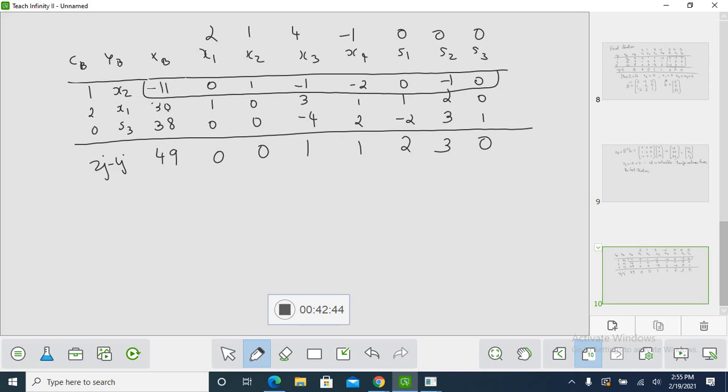Now once I got my key row, I have to find out the key column. How do I find out? My theta is going to be the maximum of Zj minus Cj divided by a negative number. So look, this is 0, this is 0, ruled out. Here I will have minus 2, here minus 1. There I am going to have something like minus 3 and so on.